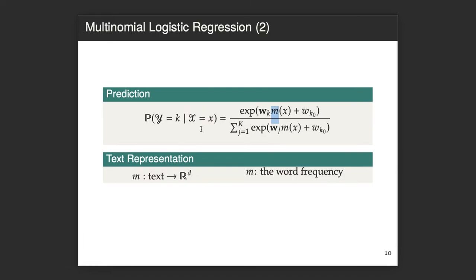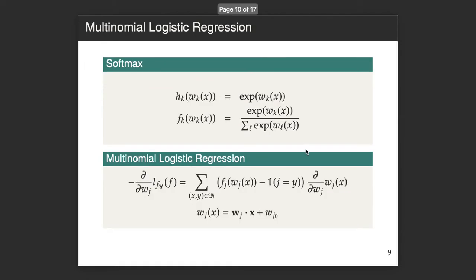The only restriction is that it receives a text and it needs to give us a vector in a d-dimensional space. The parameters w are estimated using an optimization algorithm. Basically, the optimization algorithm is using this rule to optimize the parameters.